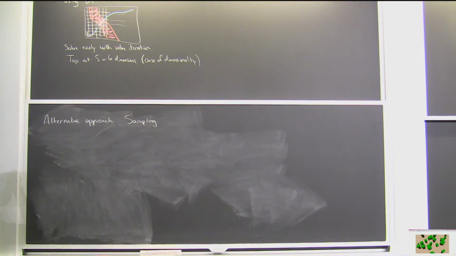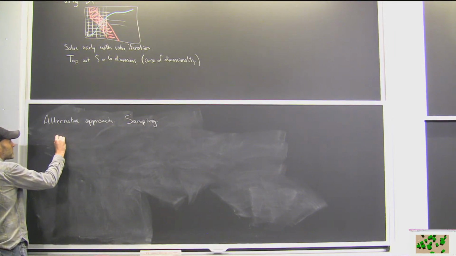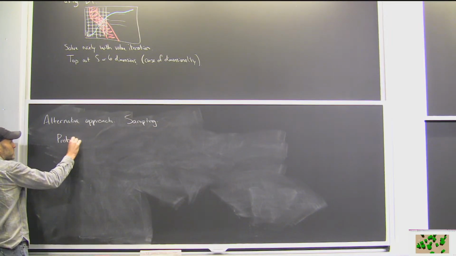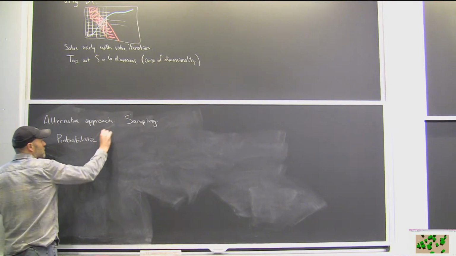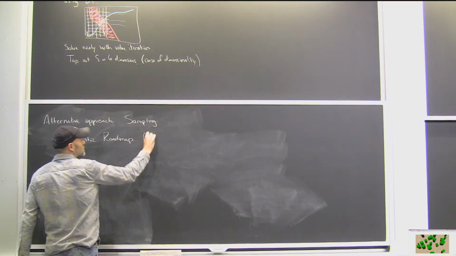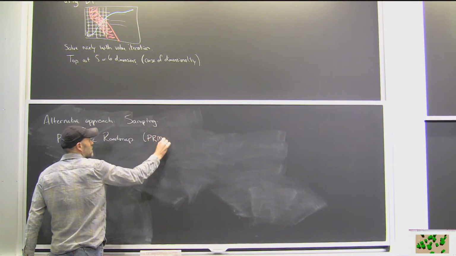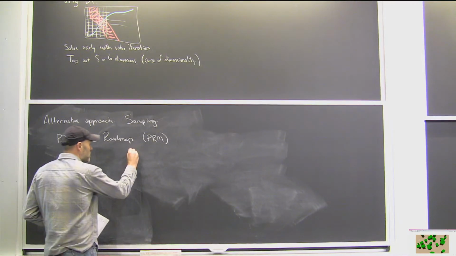Instead of having a fixed coarse discretization or boxy sort of grid-based discretization, we can do a sampling-based discretization of the space. Okay. So in particular, there's an algorithm called the probabilistic roadmap. Many of you will have heard of this. Probabilistic roadmap, PRM, okay, which proceeds as follows.